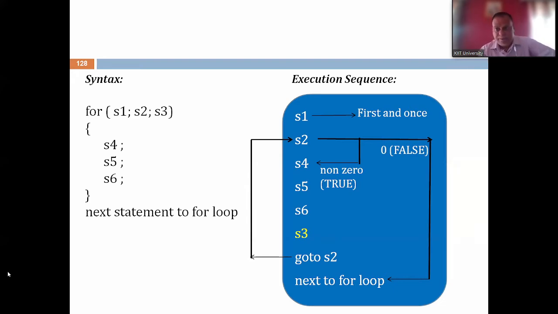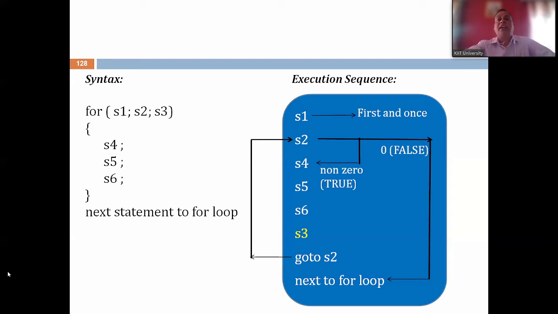We'll see that. After execution of S2, we will either go to S4 or exit from the loop and go to the next statement to the loop. That depends. From S2 we will never go to S3. Do remember this.